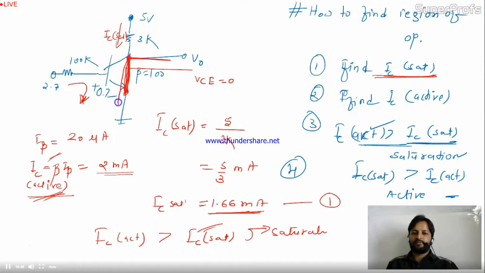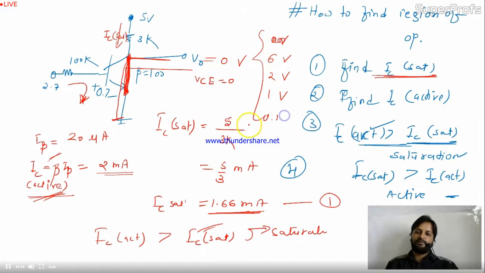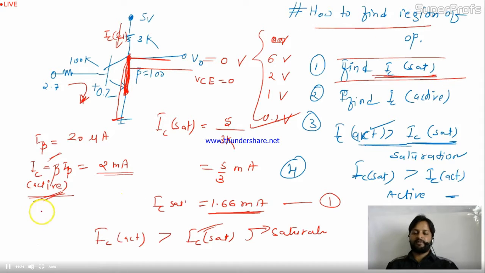V0 is directly connected to ground, so it will be 0 volt. So the option will be 0 volt. If you don't have 0 volt, then you'll have 0.2 volt in the options. They will give options like 6 volt, 2 volt, 1 volt, 0.2 volt, so you have to mark this. Is it okay? So this is the procedure and the steps to find out the region of operation. I hope this is clear to you. Let's come to the next topic.